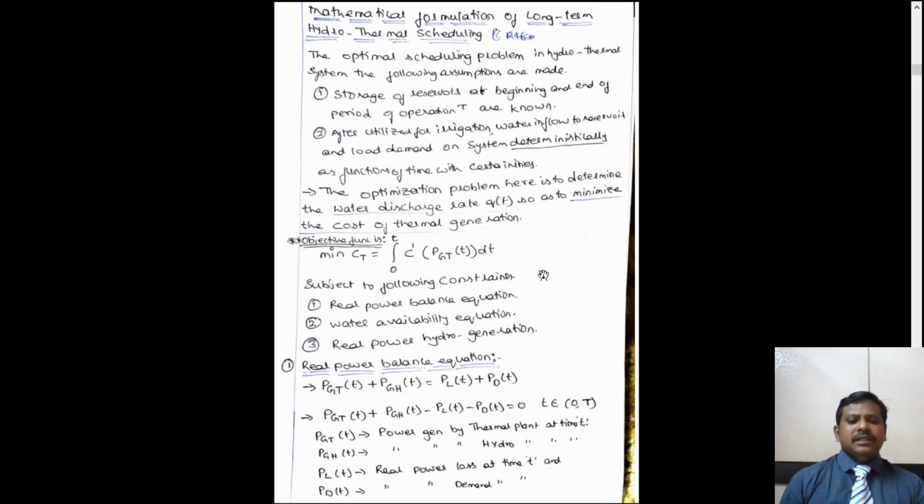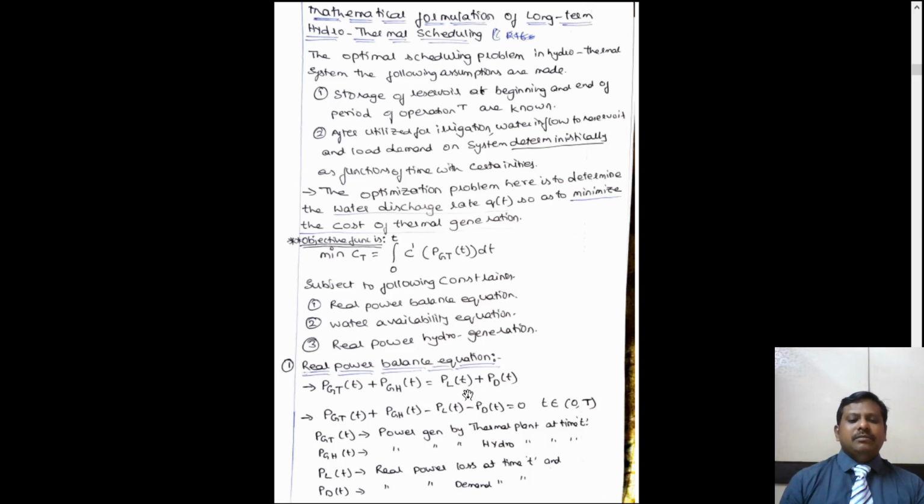Real power balance equation means the power generated by the thermal power plant plus the power generated by the hydro power plant will be equal to the transmission losses plus the load demand which has to be supplied. Or otherwise you can say that Pgt plus Pgh minus Pl is equal to Pd, right? So here, with respect to time, because the water availability will be represented in terms of time.